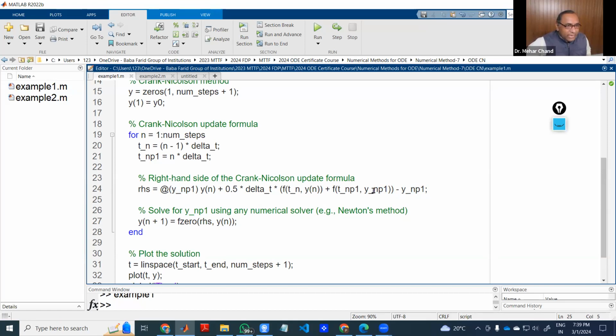So here n means i, p means plus, and 1 means 1. Actually, sir, I was confused due to line number 24, there is delta T star F of T and comma Y of N. This Y of N confused me. Okay, thank you, sir. Great.